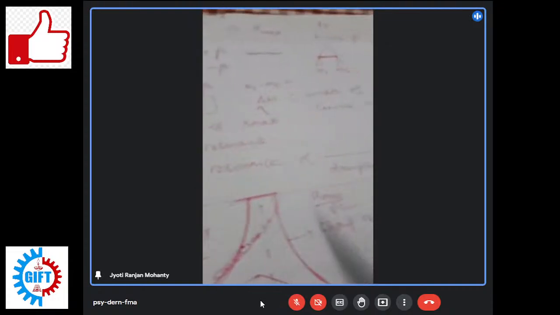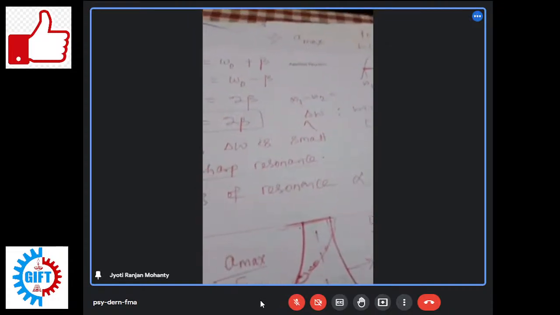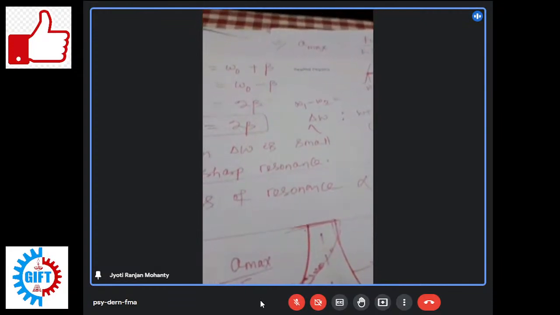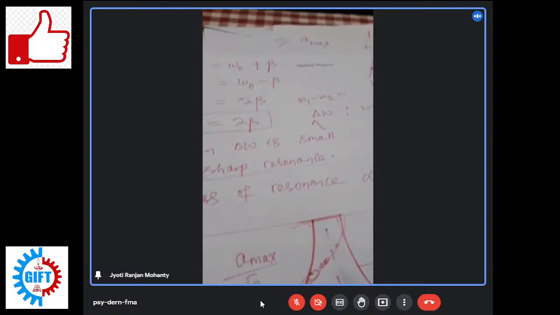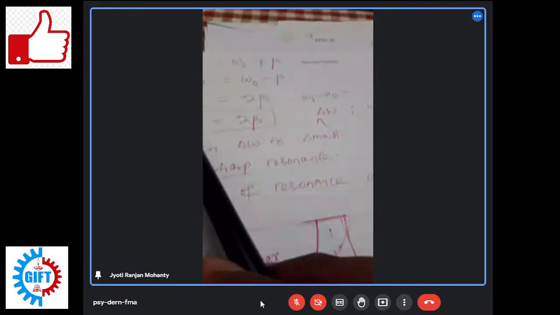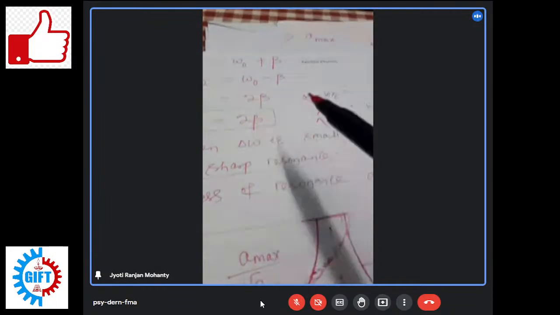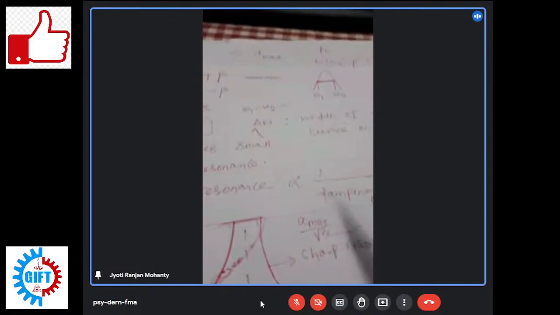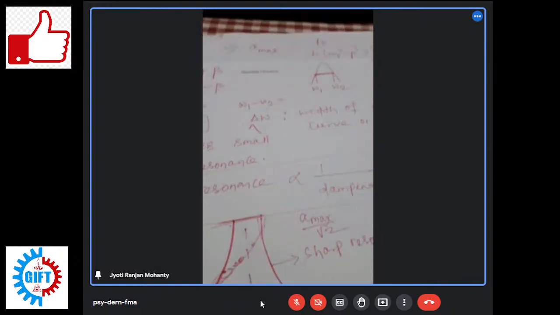So this implies sharpness of the resonance is inversely proportional to the damping coefficient. One MCQ-based or 2-mark question: how does sharpness of the resonance depend upon damping coefficient? So many students made the mistake that del omega is equal to 2 beta, so it is directly proportional. No, the question is about sharpness. So sharpness of the resonance is inversely proportional to the damping coefficient. Understood?